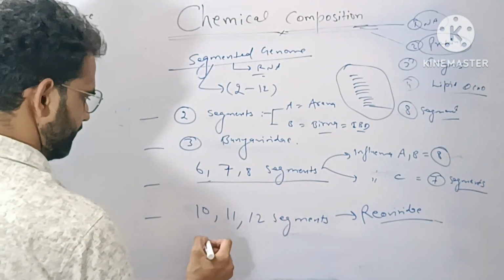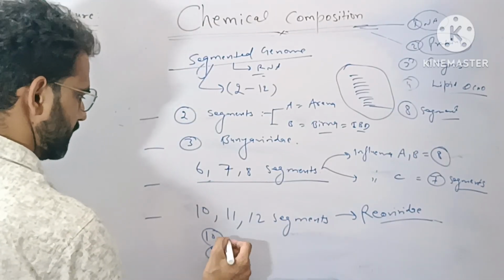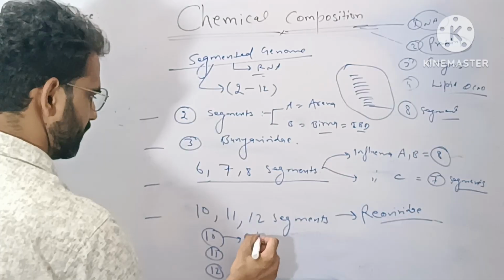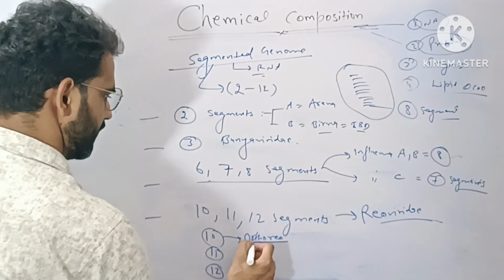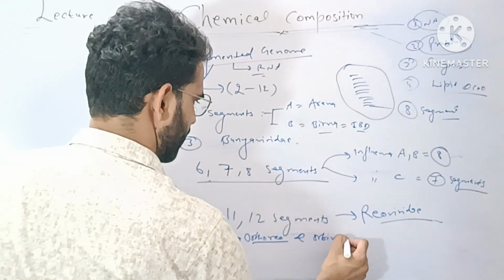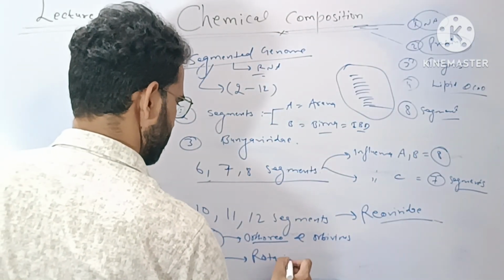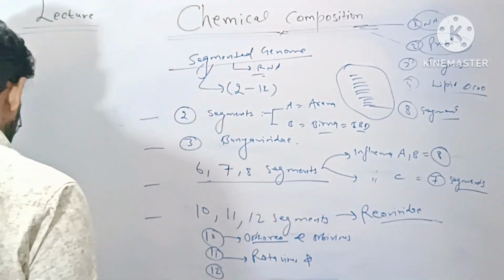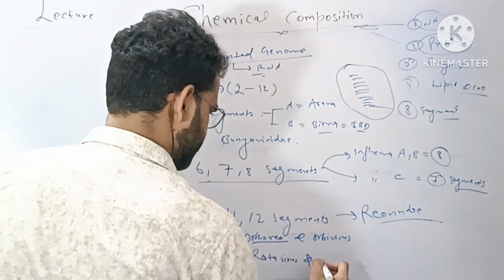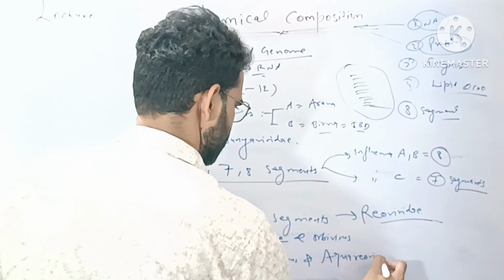In this family, there are some genera where 10 segments are found in Orthoreovirus and Orbivirus, that is bluetongue virus. 11 segments are found in rotavirus and some Aquareovirus.